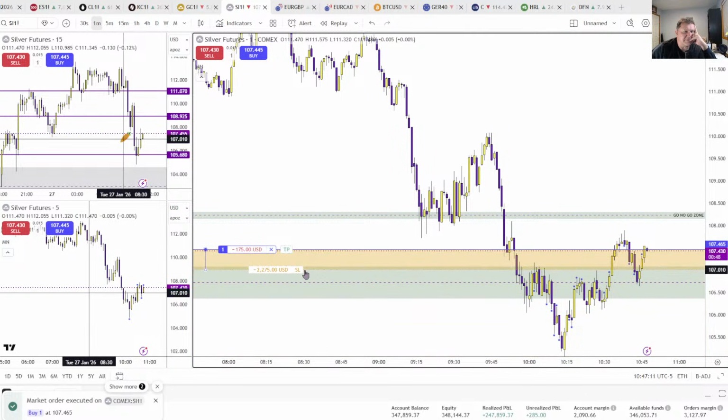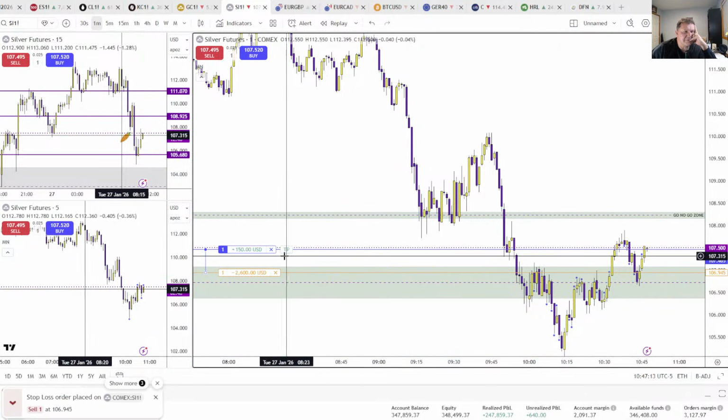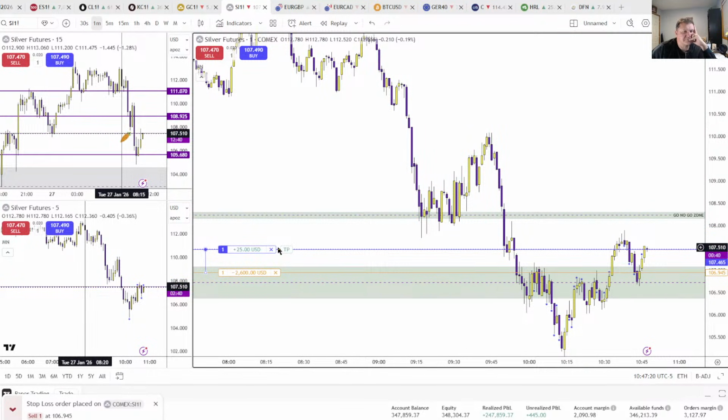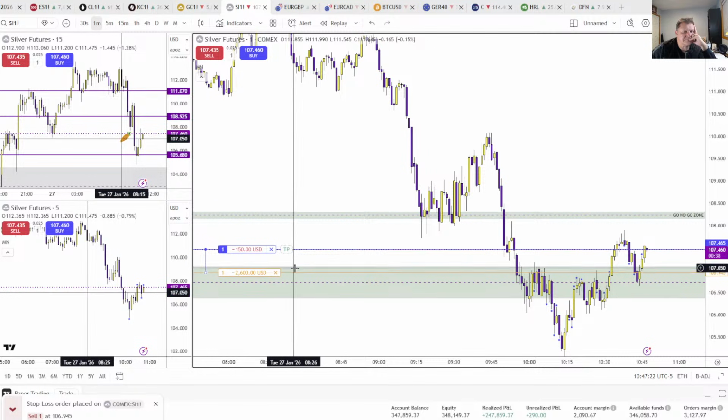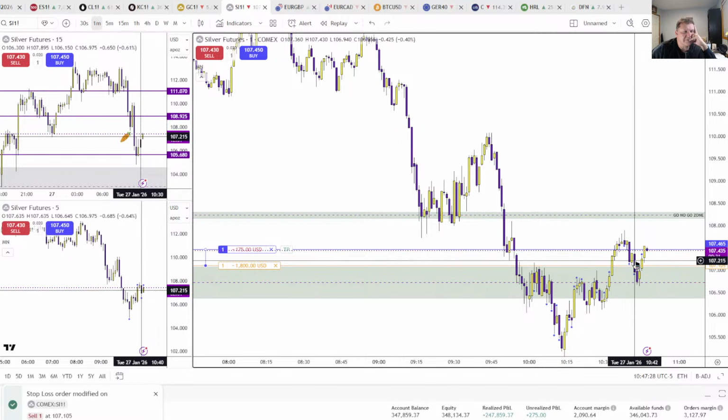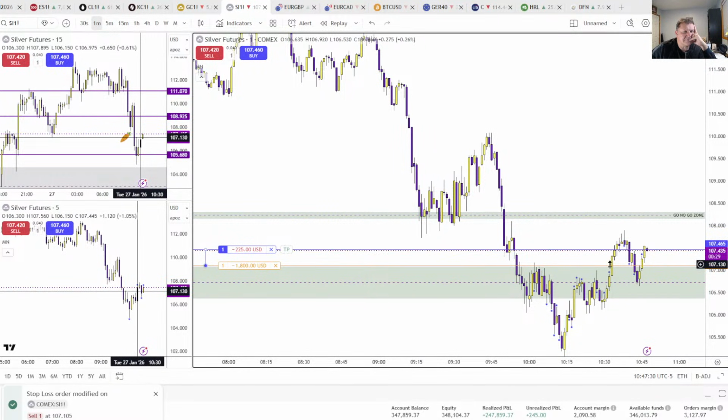Now you want to be just below here. Actually, I don't even want to see it come down in there. I want to see that hold in here.